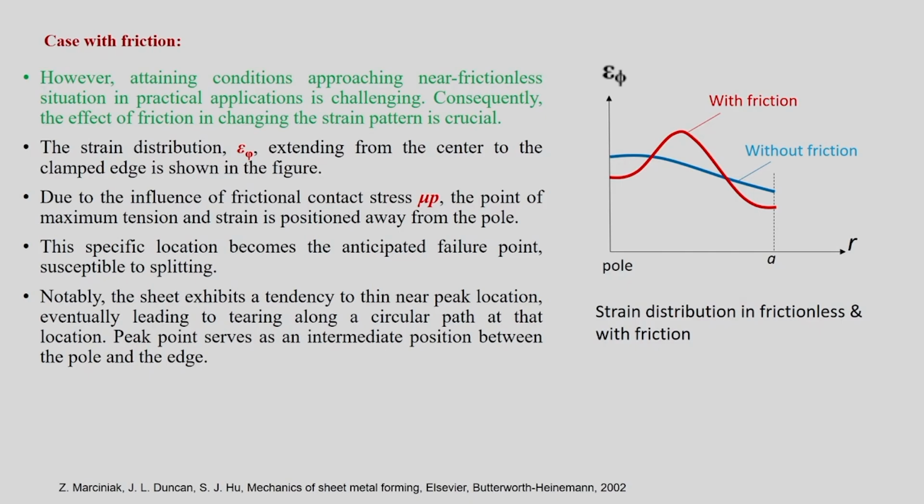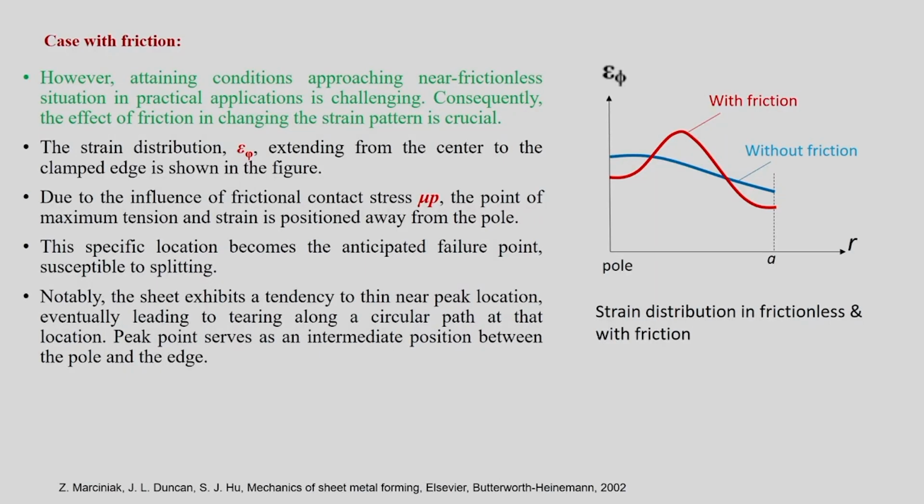Now, this frictionless case is a little impractical actually. There is going to be friction, whatever lubricant you put. It is going to be challenging to keep it frictionless, otherwise one has to go for the hydrostatic bulge type. So, the presence of friction may change certain strain patterns in the sheet, the strain distribution in the sheet, which is very crucial for us to know.